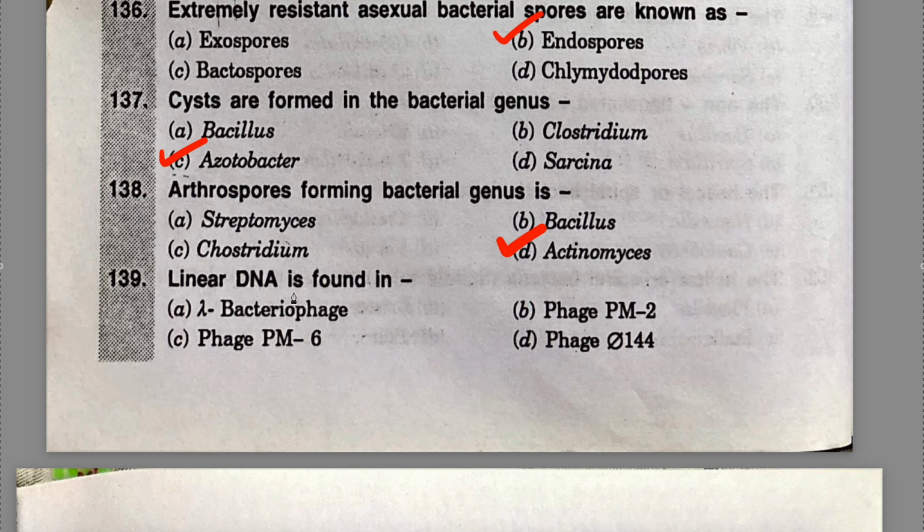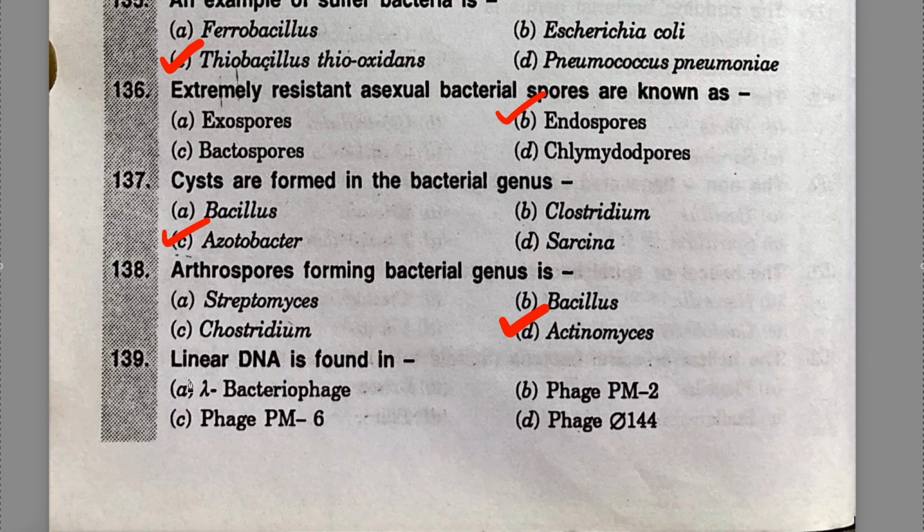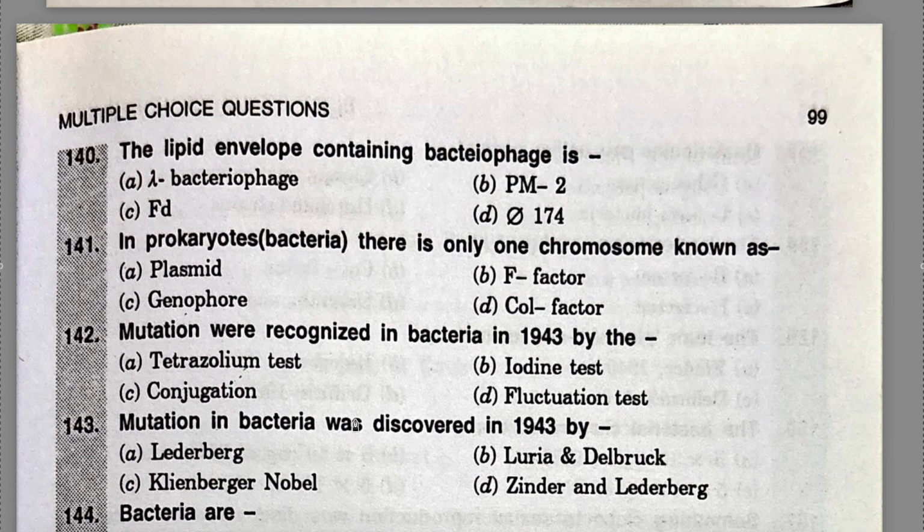139. Linear DNA is found in lambda bacteriophage, phage PM2, phage PM6 or phage theta 174. The answer is lambda bacteriophage. Question 140.